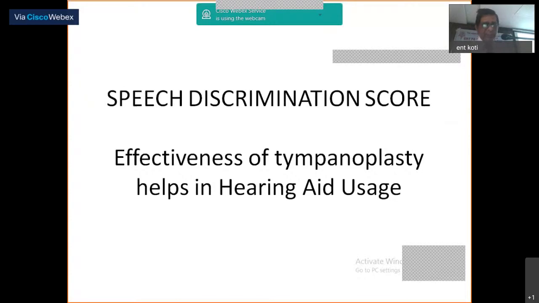Or if somebody is given a hearing aid, he should be asked to do it, and that is called an aided audiogram. In an aided audiogram, if he is able to duplicate his day-to-day communication, then that means the hearing aid is really working for him. You will find many people coming, saying they gave me a hearing aid, I purchased it, I'm finding it no use.